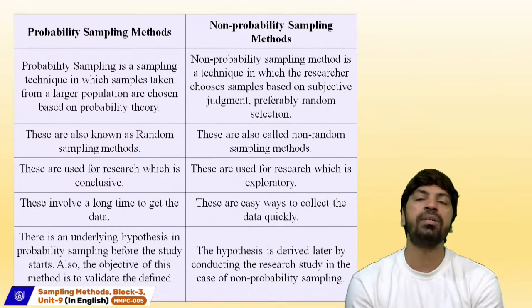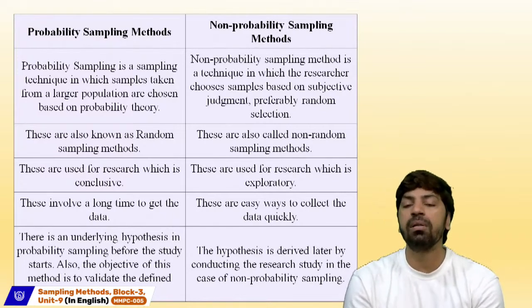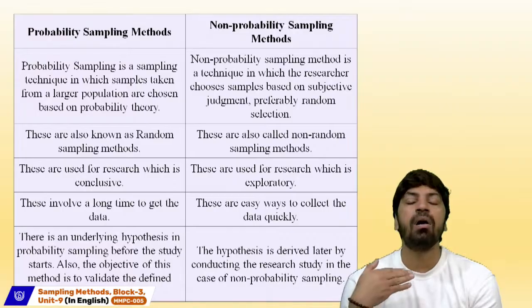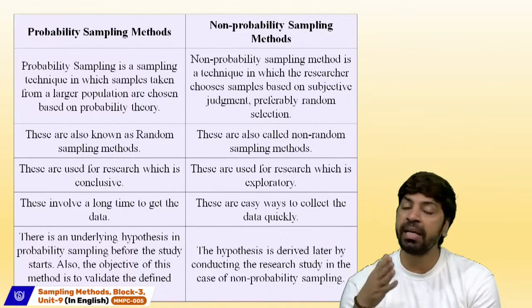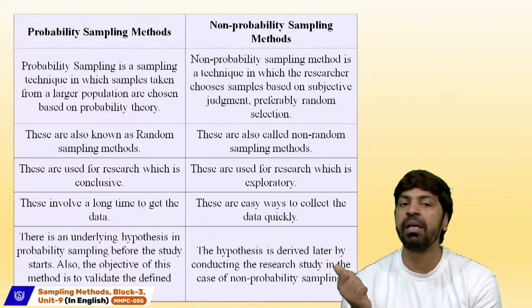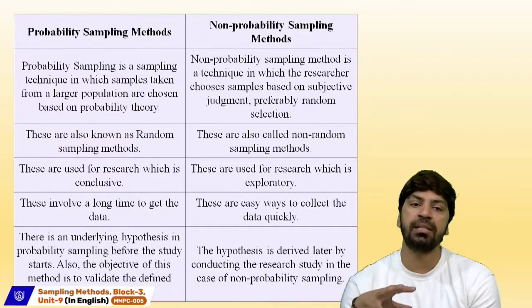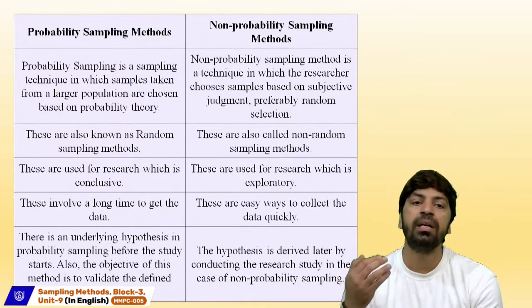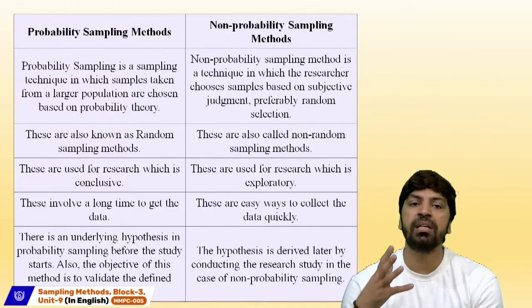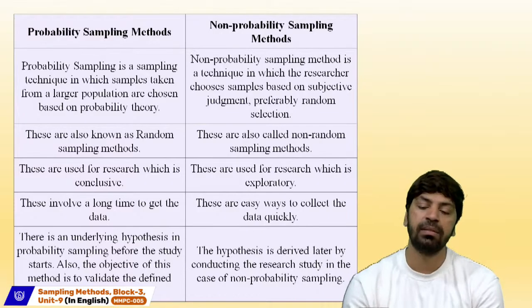So the hypothesis can be generated during the research study. But in probability sampling, the hypothesis is generated before the study starts, and the main objective of the method is to validate that defined hypothesis.